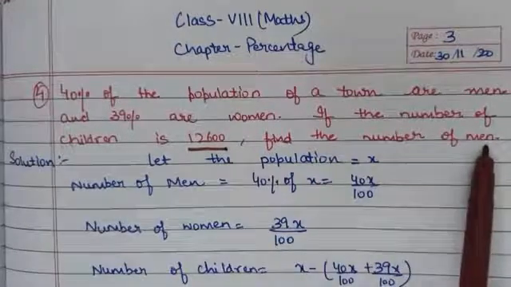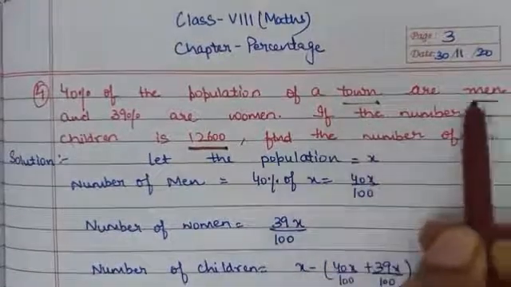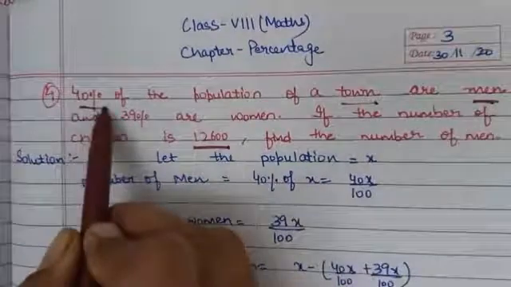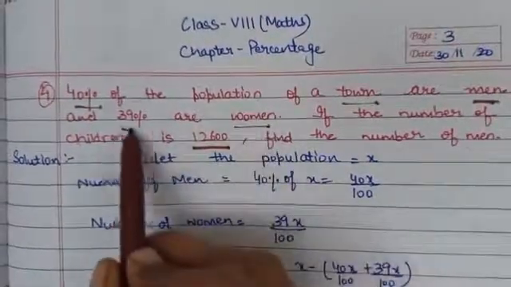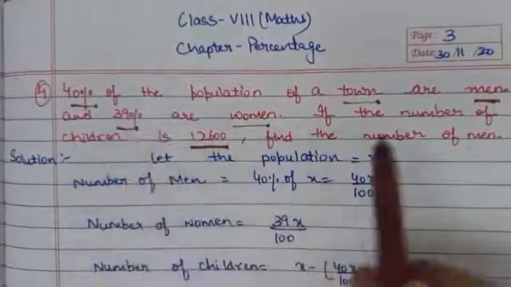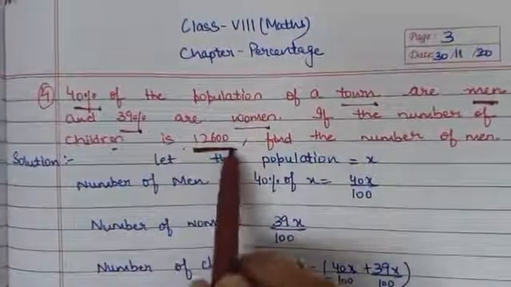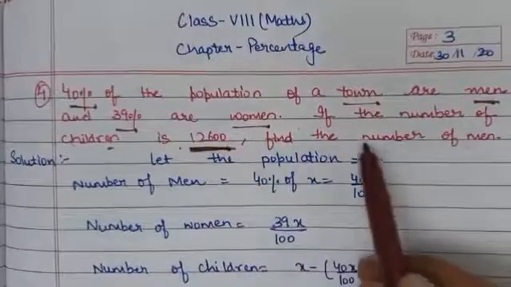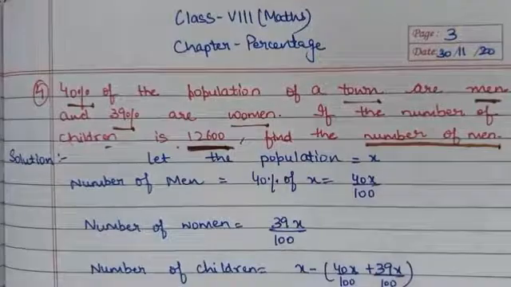Now students, in a town, the percentage of men is given, the women's percentage is given to you, and the number of children is also given to you. You have to find the number of men.